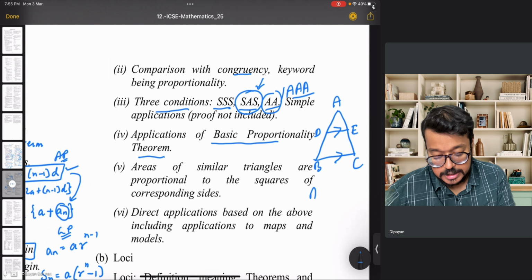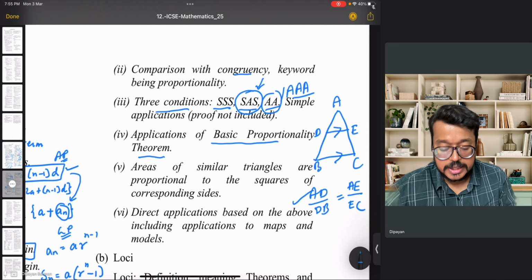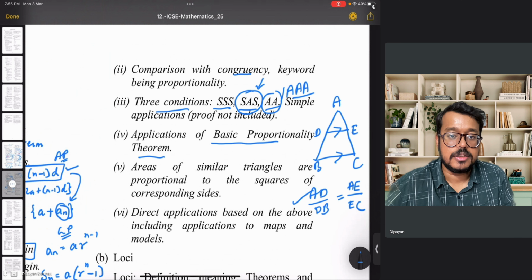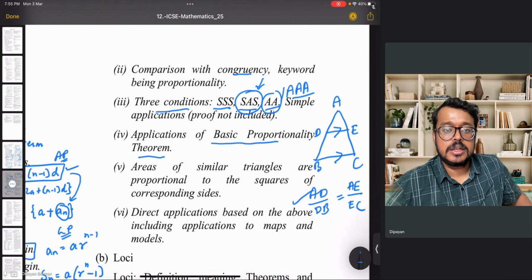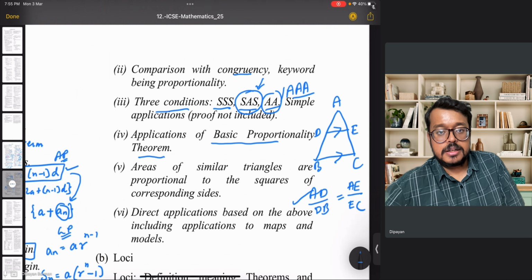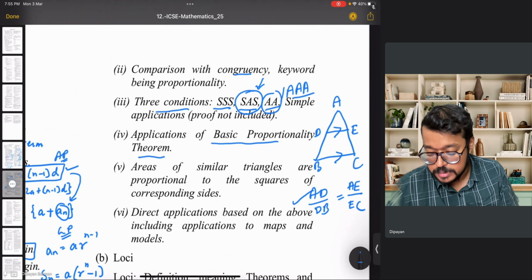So that means AD by DB will be equal to AE by EC. And the reverse is also true. If in this triangle it was known that AD by DB is equal to AE by EC, then I can say that DE will be parallel to BC. That is the converse of this theorem. This is not very much applied in problems that I've seen, but you just need to know this theorem.